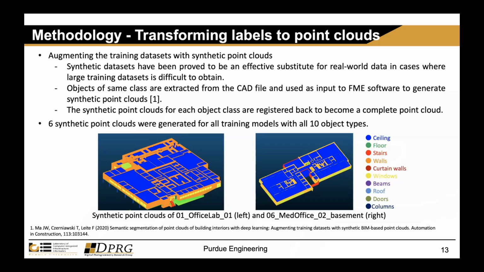We have produced 6 synthetic point clouds for all training models, and we also include all object types in the synthetic model. Following the generation of the labeled point clouds, we did preprocessing on the datasets for training, and then trained the models using the labeled point clouds.